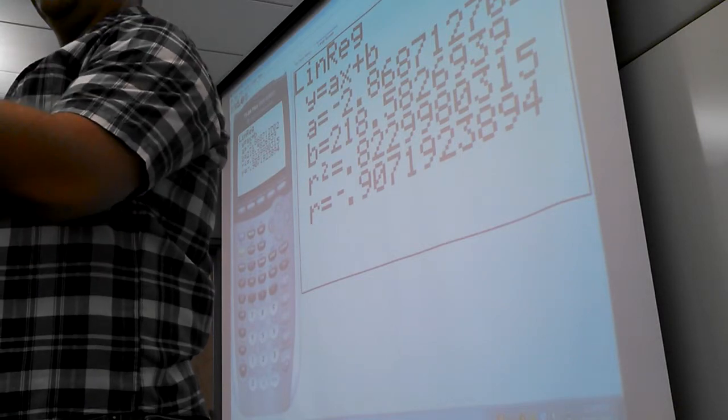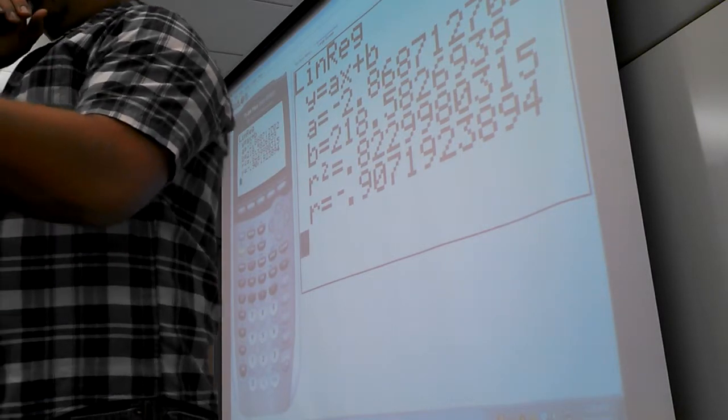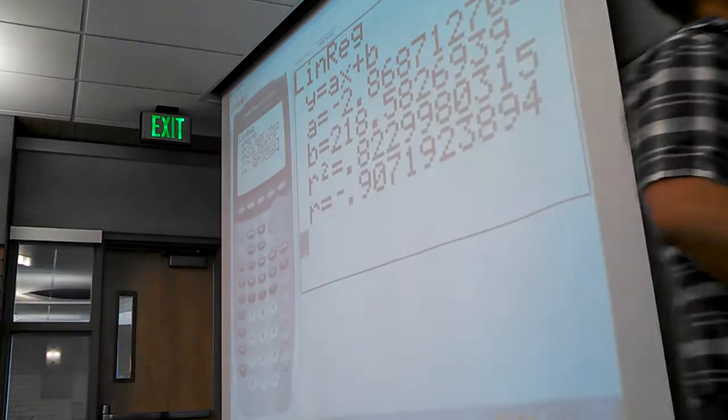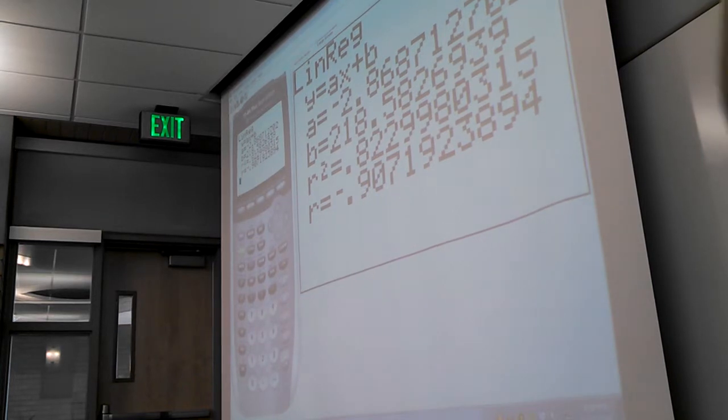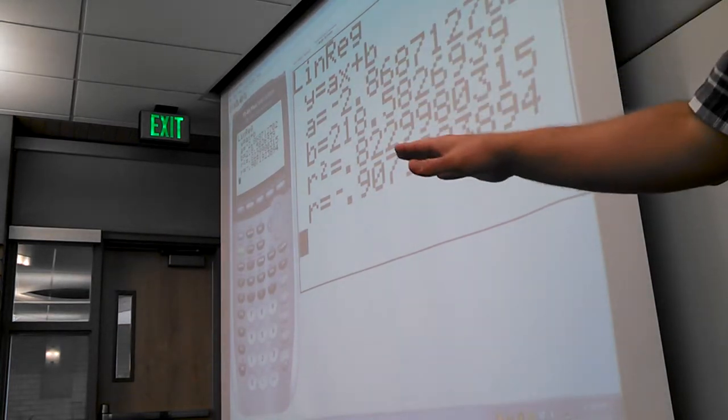Cool? So that cutoff line tells us if it's strong enough. If I had gotten 0.7, I would have said weak negative correlation. If I had gotten 0.5, there's no correlation.